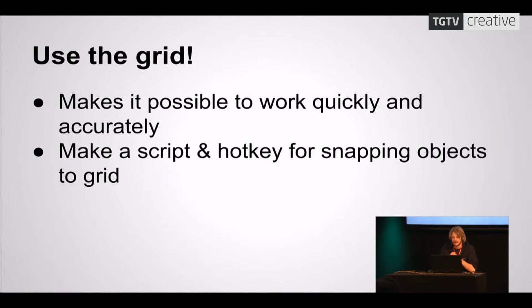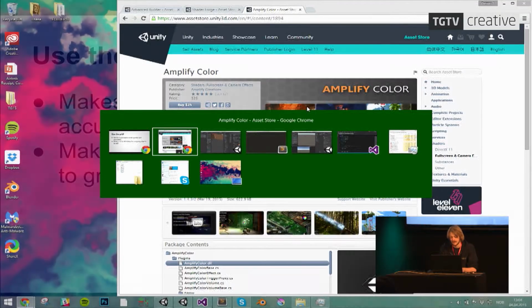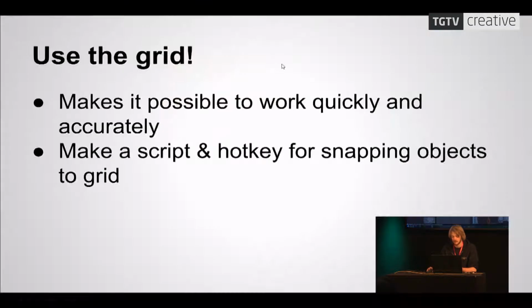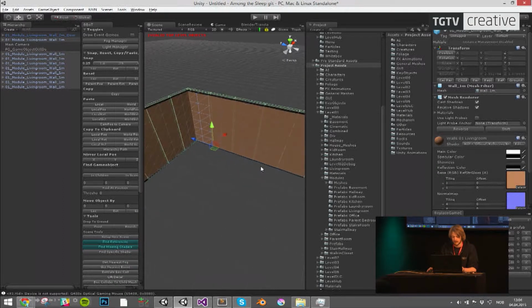If you make sure that most objects are exactly 1 meter high or 2 meter high, or at least that you know how tall an object should be in a certain situation, you can work with the expectation that it's going to be that high, and that makes it a lot easier to work quickly in big environments.